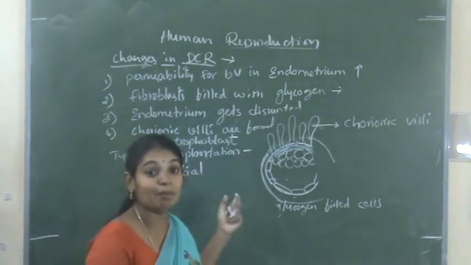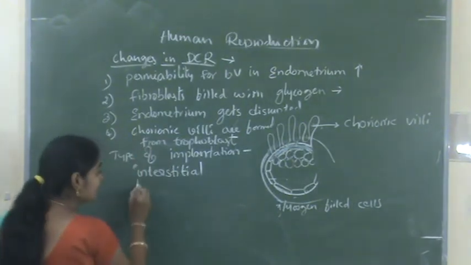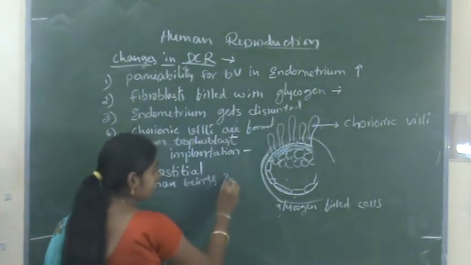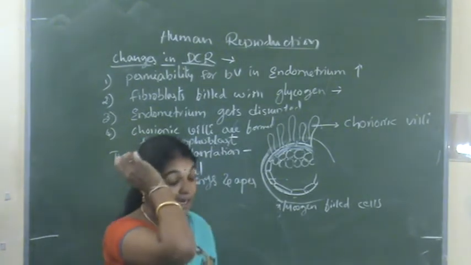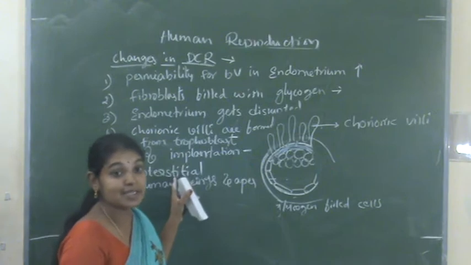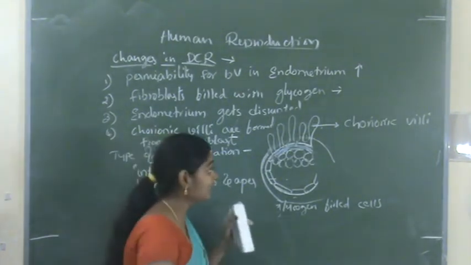Interstitial type of implantation takes place in human beings and apes. So in these two types of species, the type of implantation is interstitial. So what does interstitial type of implantation mean?